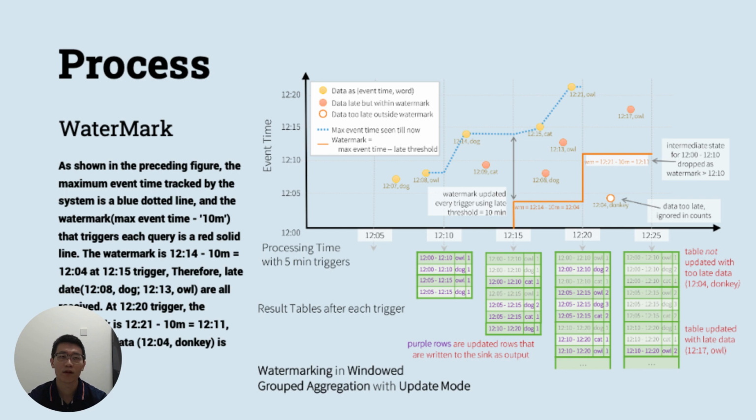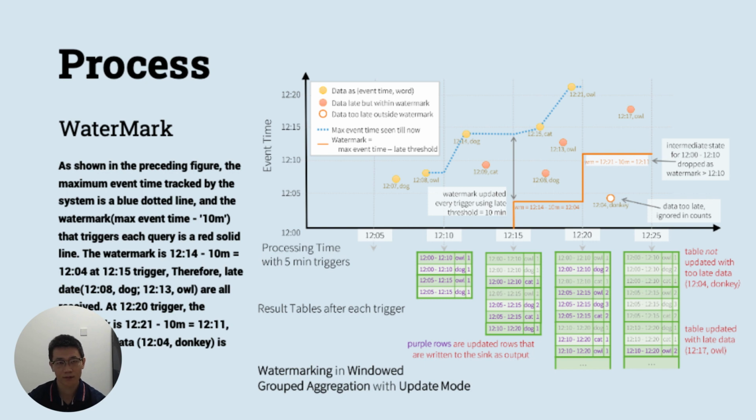Speaking of watermark calculation, we calculate it by subtracting the maximum acceptance delay, for example, 10 minutes, from the maximum event time. This defines the timestamp until which we can accept data in the next batch. For example, if our maximum acceptance delay is 10 minutes, the next batch can accept data generated after 12:04.